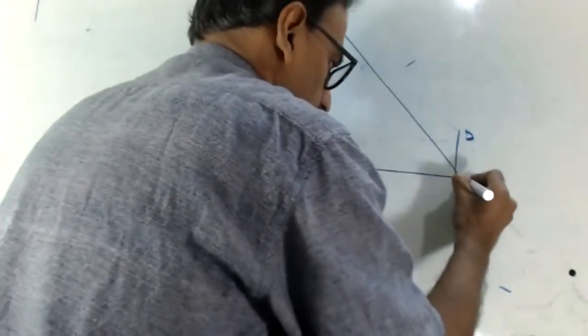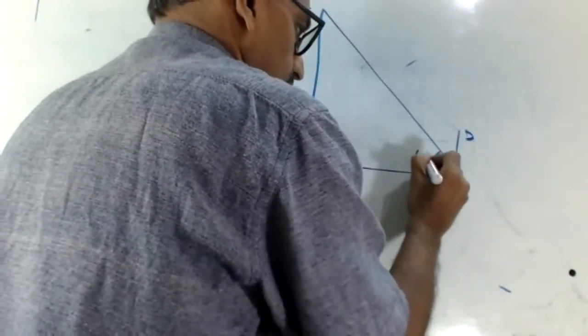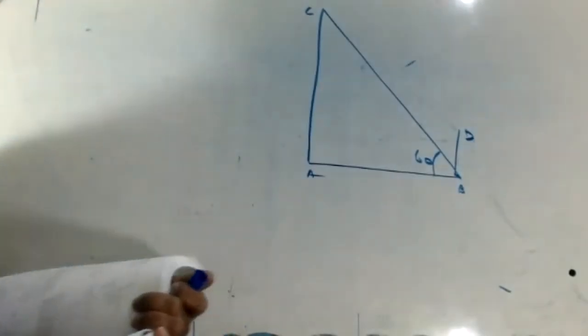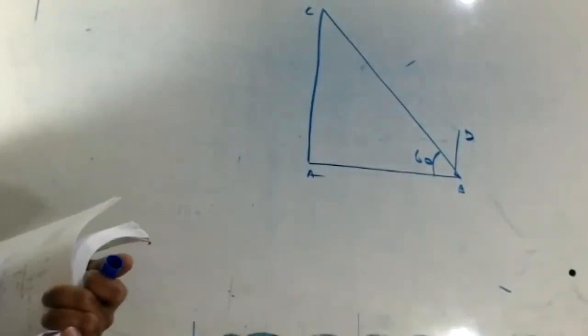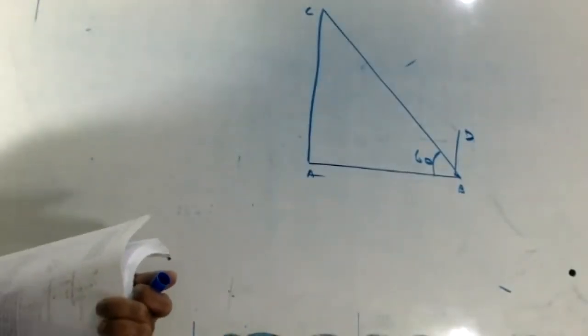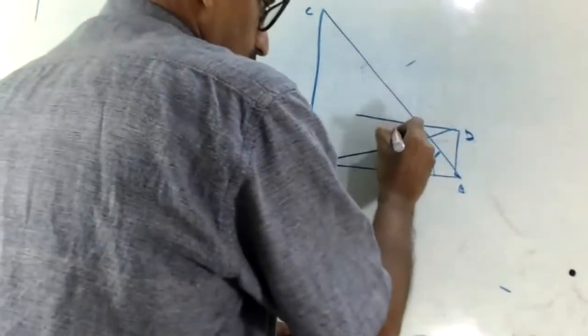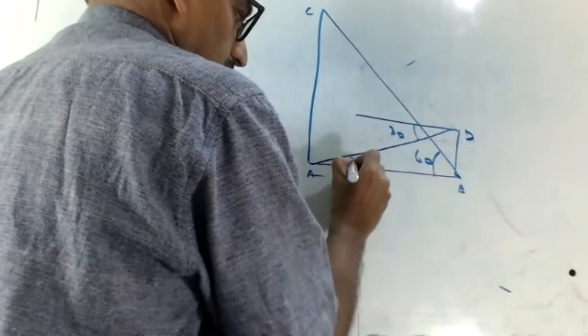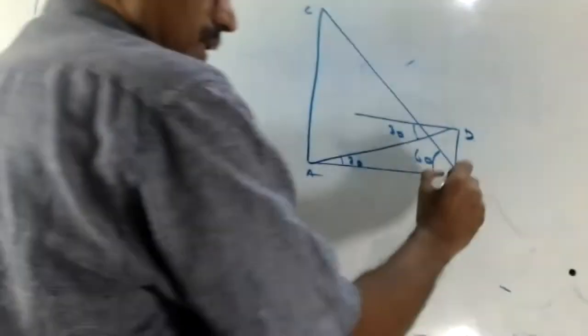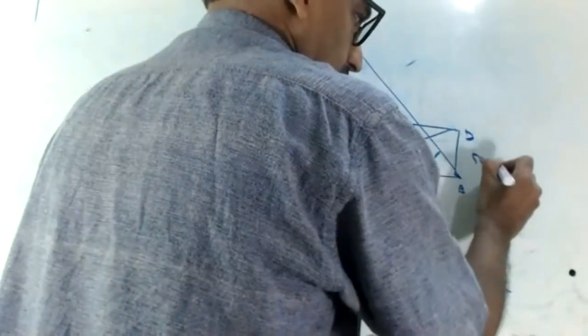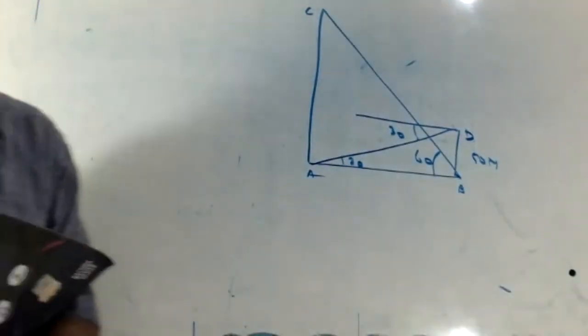This angle is 60 degree. Then the angle of depression from the top of the tower, that means this angle is 30 degrees. So accordingly, this is 30. The tower height is 50 meters. So we all got a figure like this.